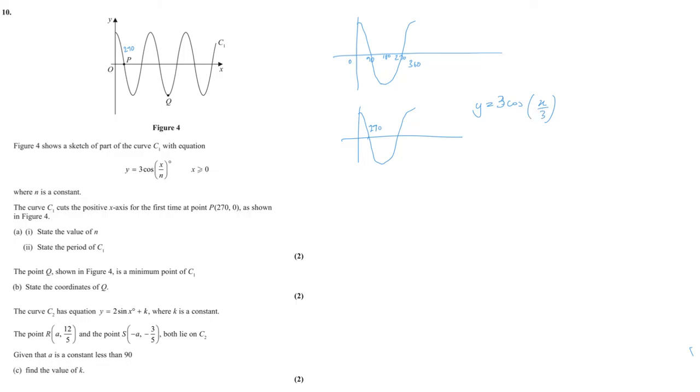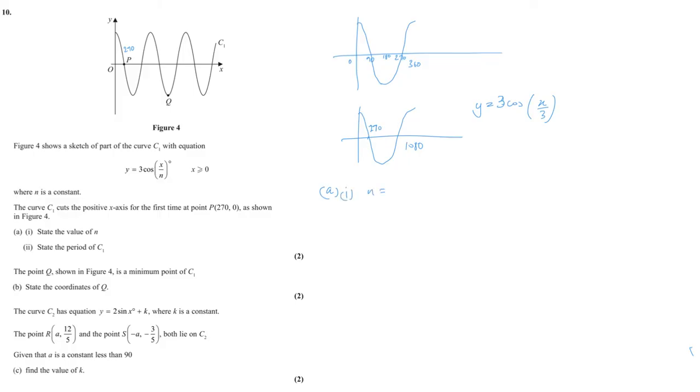It's because instead of seeing one complete cycle between 0 and 360, we'd have a third of a cycle between 0 and 360. So the whole cycle itself would be 1080, so 360 multiplied by 3. Okay, so we've got part A done now.